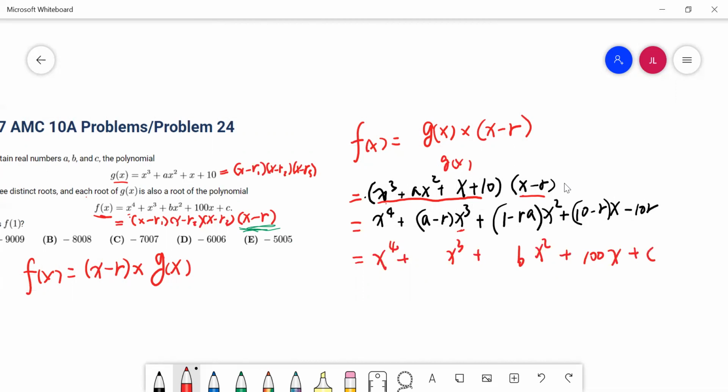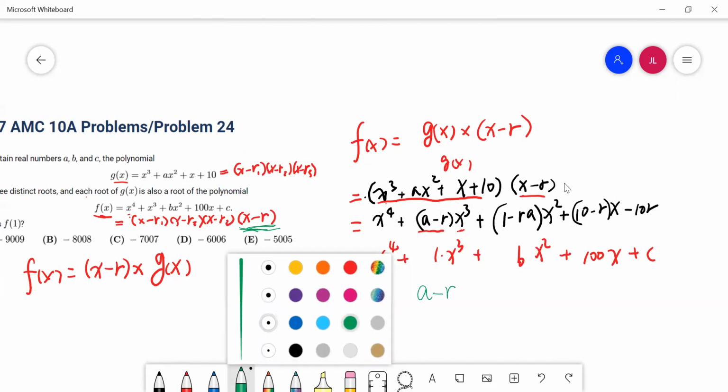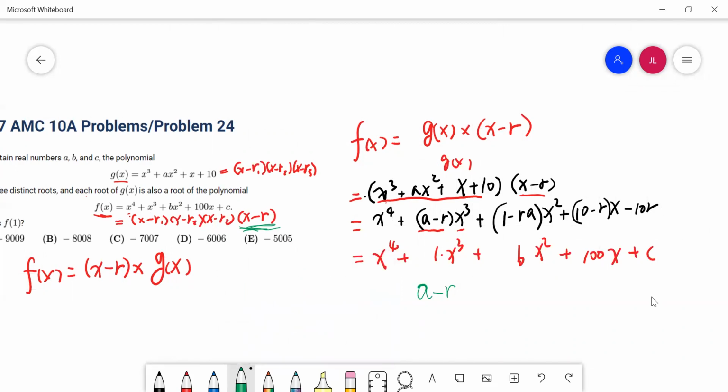So we can compare. This leading term, x fourth, is good. So they're the same. x cubed has coefficient a minus r. This coefficient is 1. They must match. Both have x to the power 4, x to the power 3. So we have the very important finding here: a minus r equals 1.